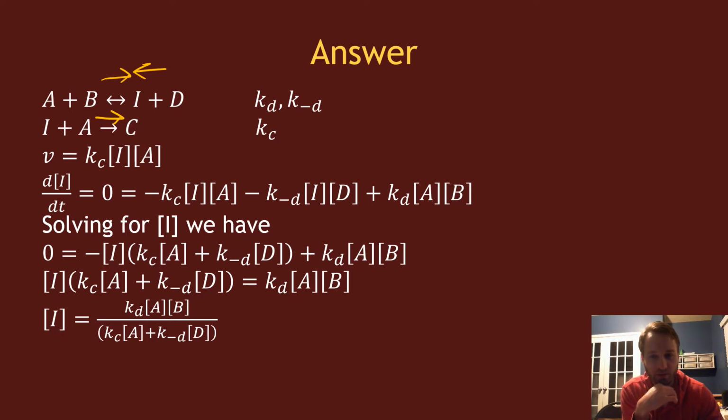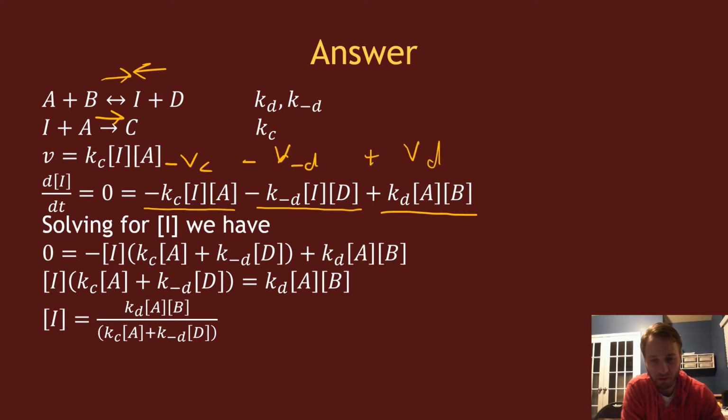In the forward reaction, I have Kd times A times B. In the reverse reaction, I have minus K minus D times I times D. And in the third reaction, minus KcIA.